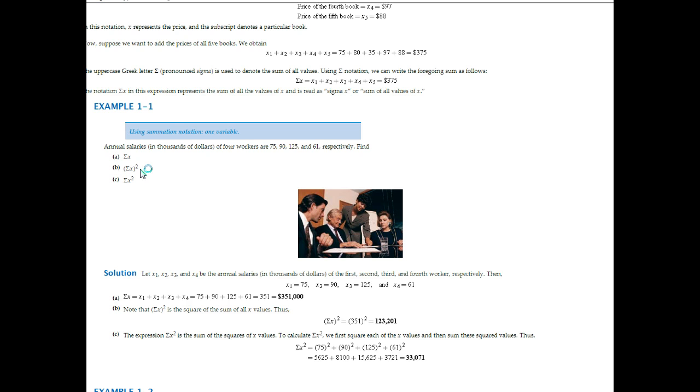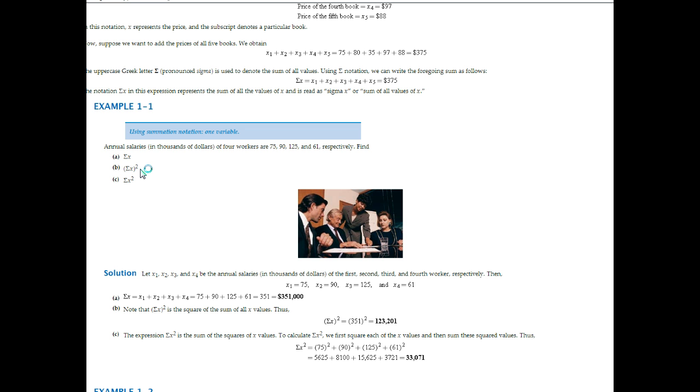And how about this one? Again, what do I do? First I put in i equals 2. What do I get? Then I put in i equals 3.